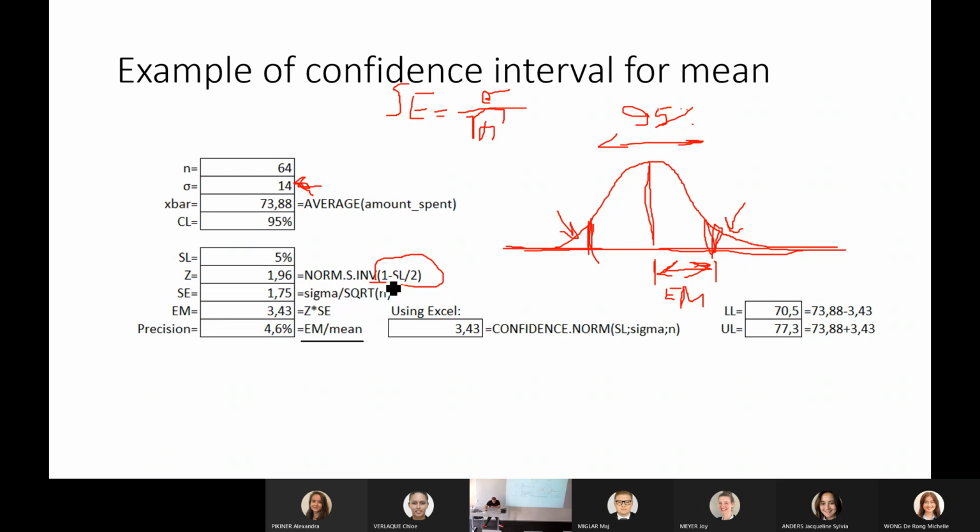But what's important is to be able to calculate the lower level and upper level. First we always take the X bar, and for the lower level we subtract the error margin. For the upper level, we add the error margin to the X bar.